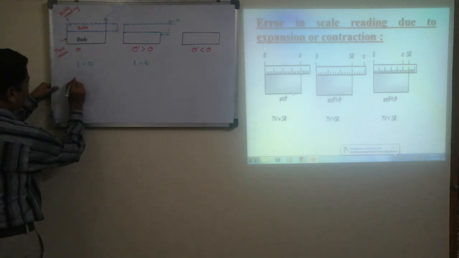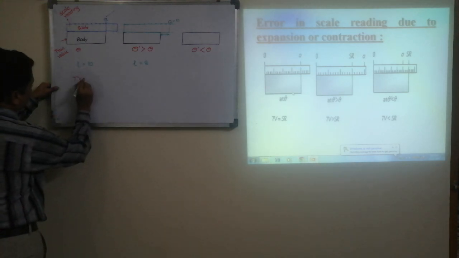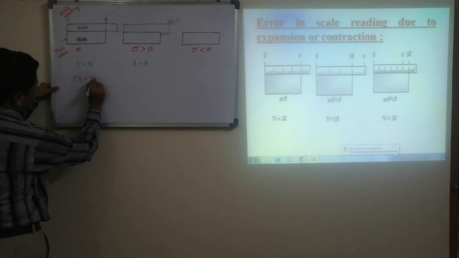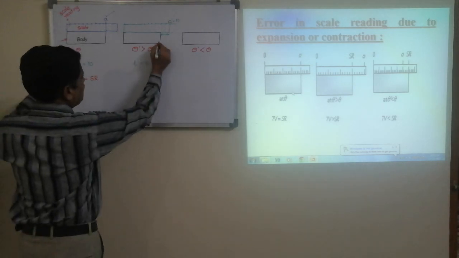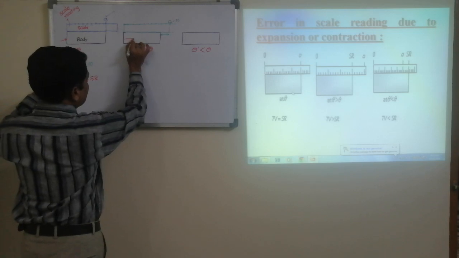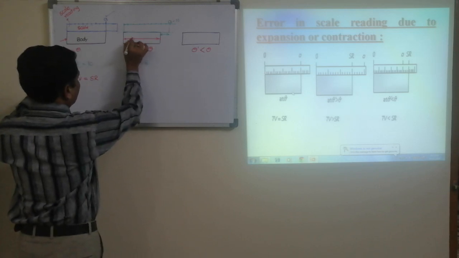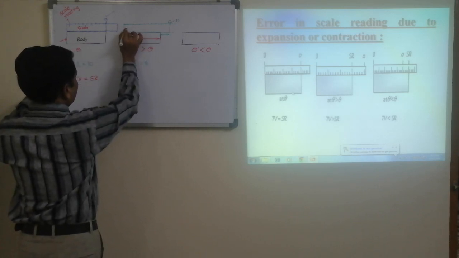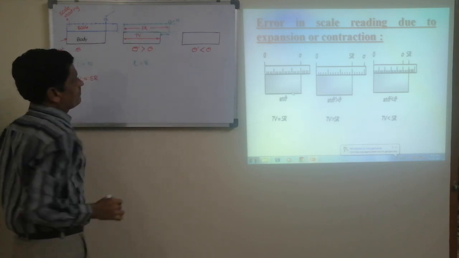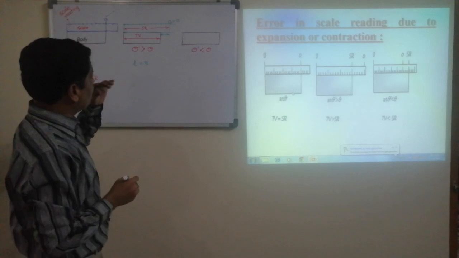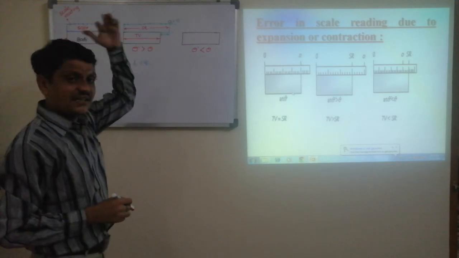Here if I analyze, I am taking true value equal to scale reading. Here you know this is a true value. Length of this is called a true value. This is called a scale reading. But here if I look, it seems that the scale reading increases.